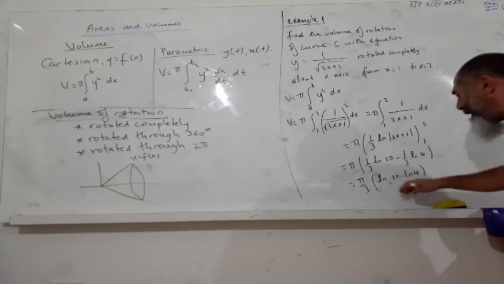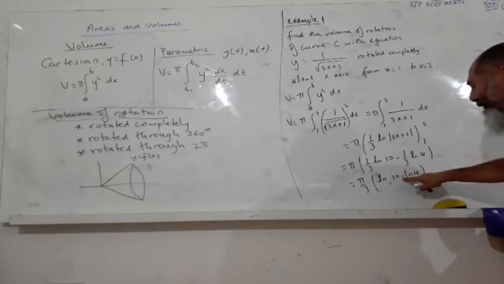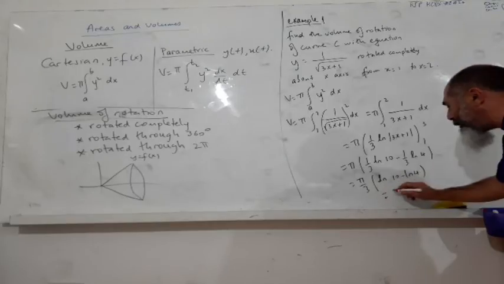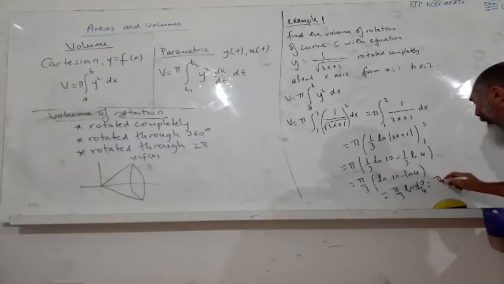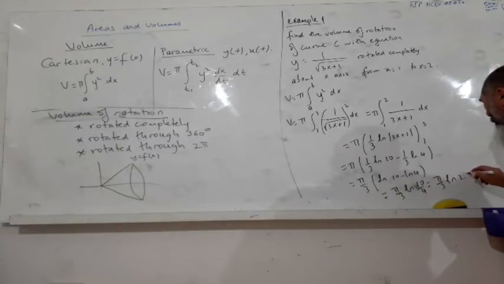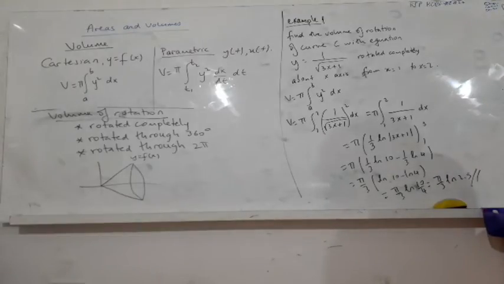It is going to be pi over 3 ln of 10 over 4, which is equal to pi over 3 ln 2.5. That's the answer for example 1. We have to remember that definition for volume.